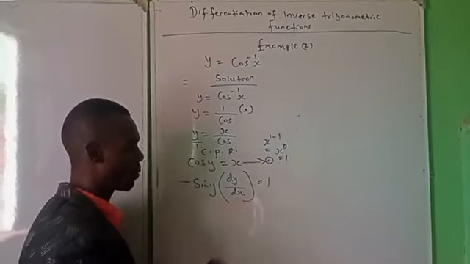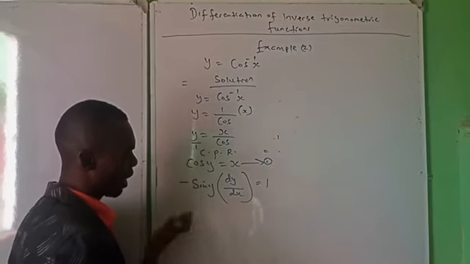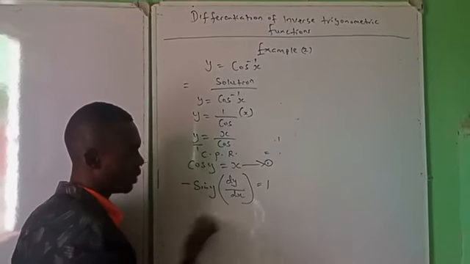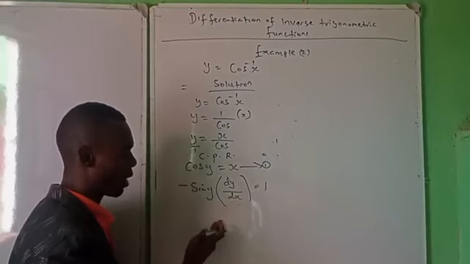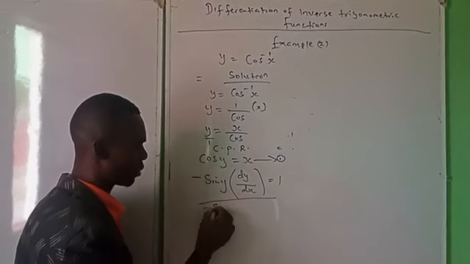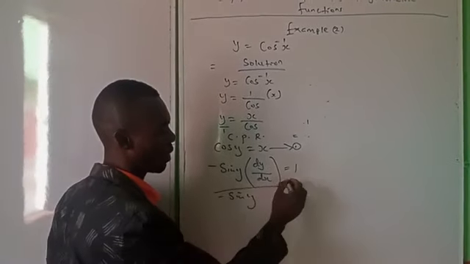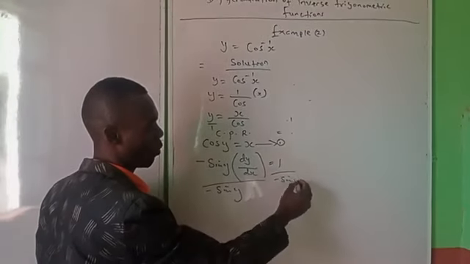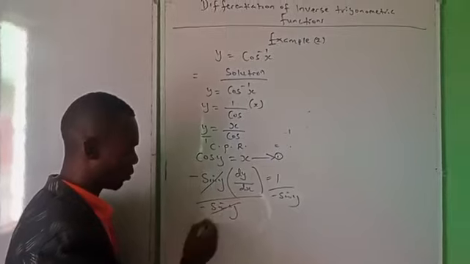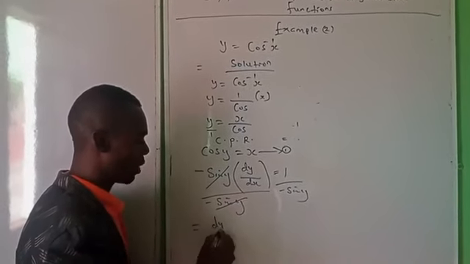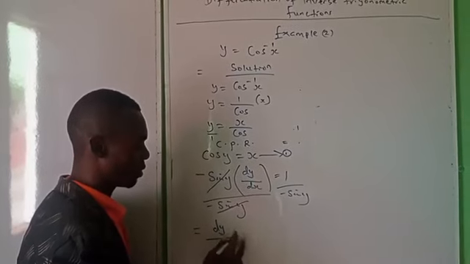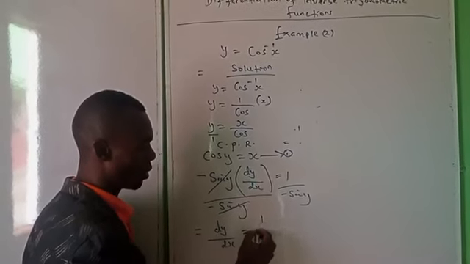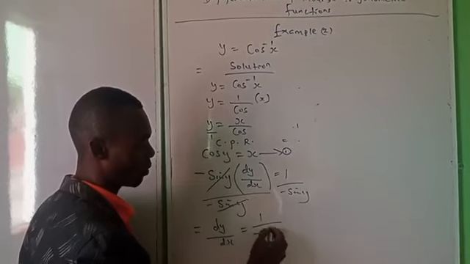Therefore, we divide all through by minus sine y. The terms cancel and we are left with dy with respect to s equal to 1 all over minus sine y.